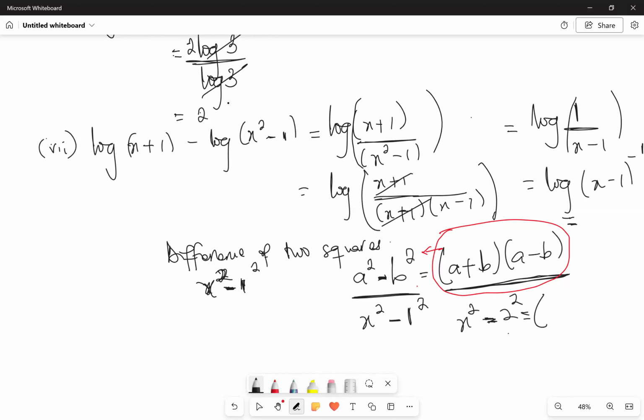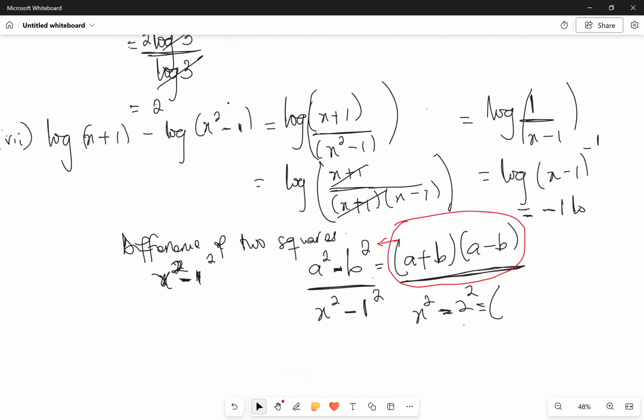So that will be equal to, yeah, so I can simplify this. Now, this you refer back to logarithm, right? The last law, which is the third law, you can bring the negative 1 first, negative 1 log x minus 1, which is equal to negative log x minus 1.